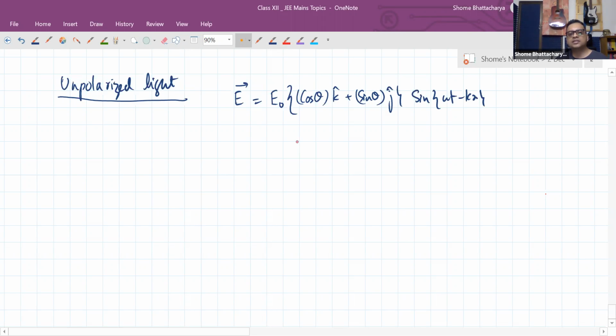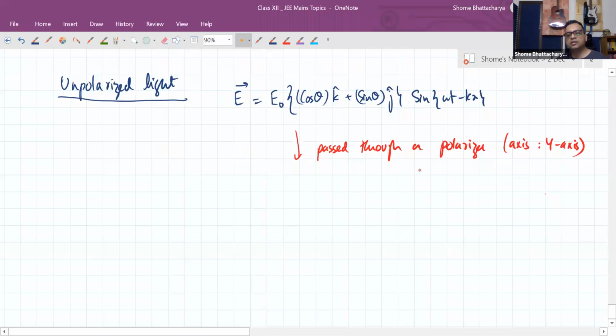Now you pass this through a polarizer with the axis of polarization being the y-axis, suppose. So what happens is that the z component of the field gets cancelled.